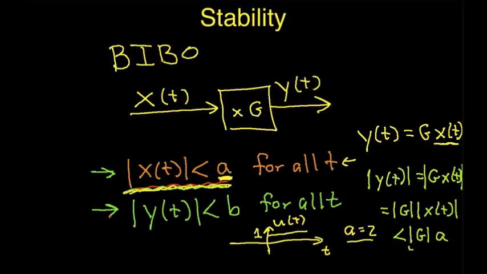And so if we take then b as defined by the absolute value of the gain times a, then the output of this system satisfies this inequality.